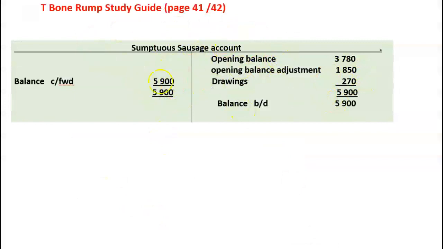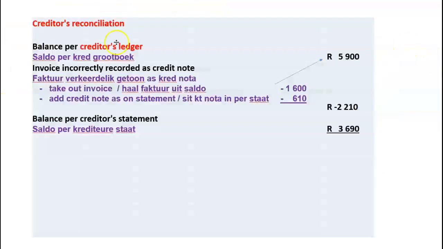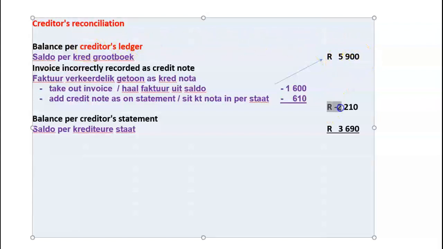And we will end up now with a closing balance, a correct balance after adjustments have been passed, of 5,900. Once we worked out the balance of 5,900, we can put it in our reconciliation. So balance per creditors ledger, 5,900. And now if we subtract this 2,210 Rand, which was this adjustment entry that we passed on the reconciliation statement, we are going to determine that the balance as per the creditor's statement must have been 3,690 at the end of September.